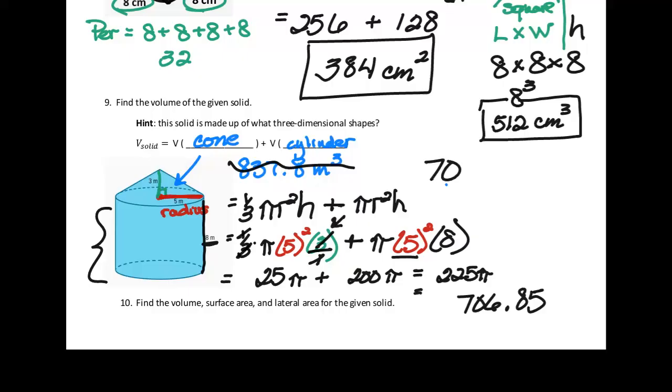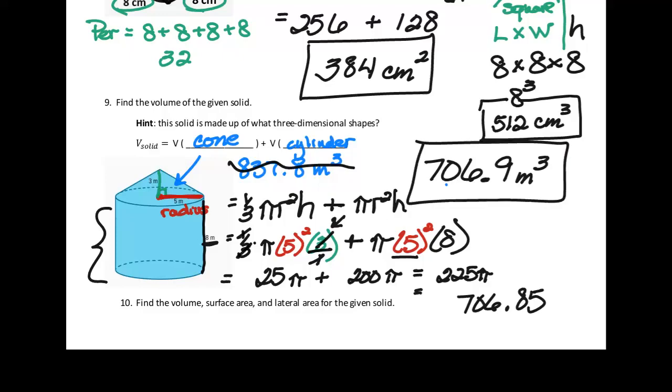So everybody on problem number 9 should be 706.9 meters cubed. Did you get that? Or you just thought we should go over that one? Yeah. Well, I'm glad you did because I gave the wrong answer. So thank you.